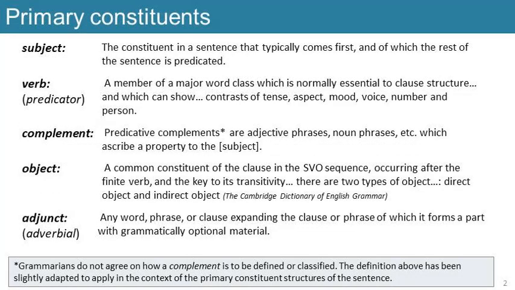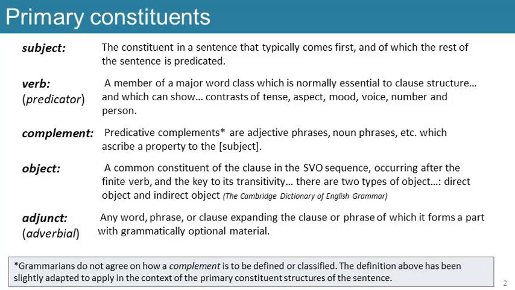Before continuing, it's useful to review the 5 primary constituents of a sentence, since these terms will be used throughout this lesson. The 5 constituents are the subject, verb, also called predicator, complement, object, and adjunct, also called adverbial.